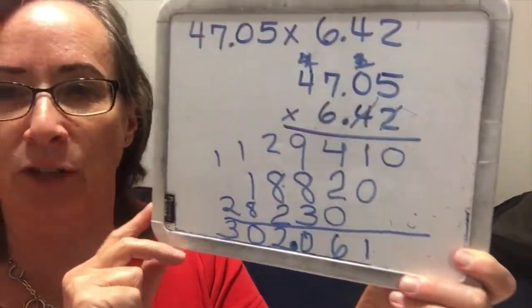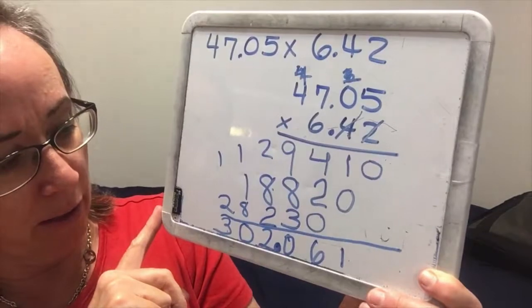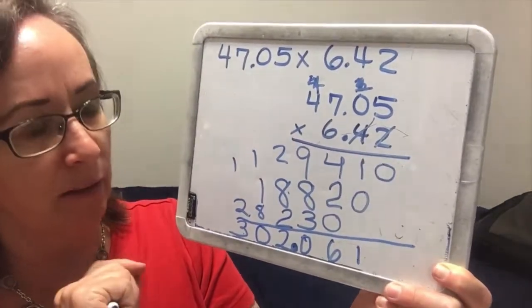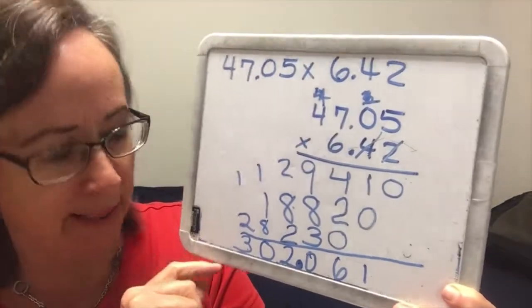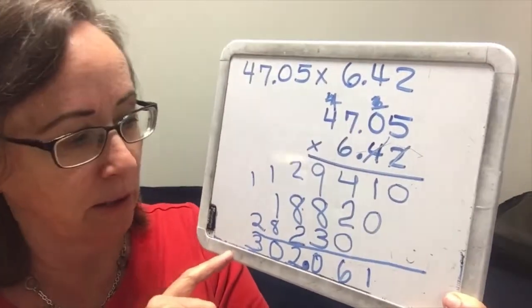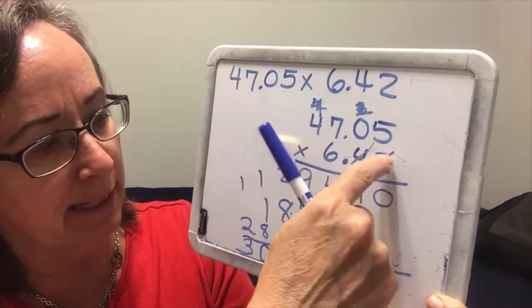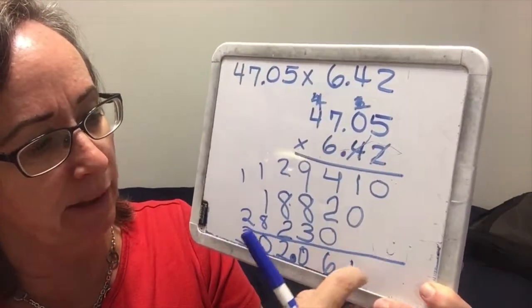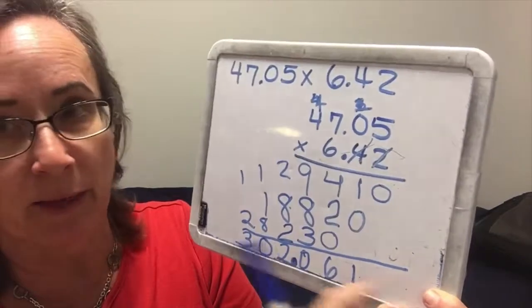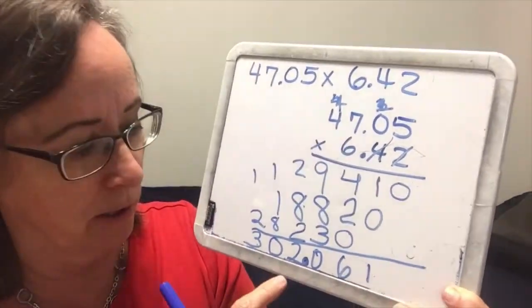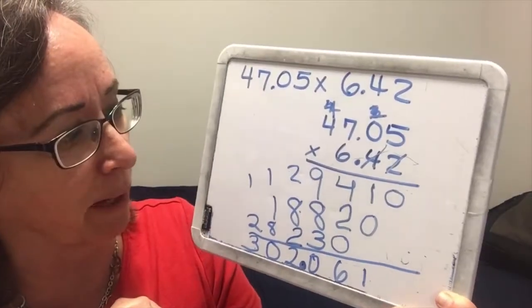So we would not leave it on the answer. So 302.061. And now, whenever you do a big problem like this, wouldn't it be smart to go ahead and remember we counted to get our decimal, and we counted 1, 2, 3, 4, but then we erased the 0 afterwards. You always erase any zeros after you've counted and put your decimal in the right place.